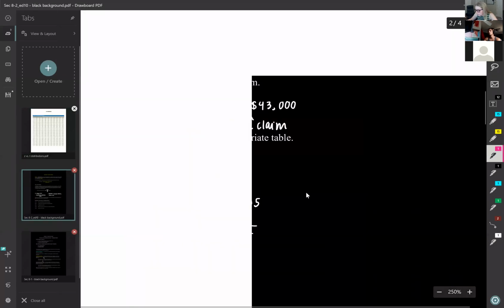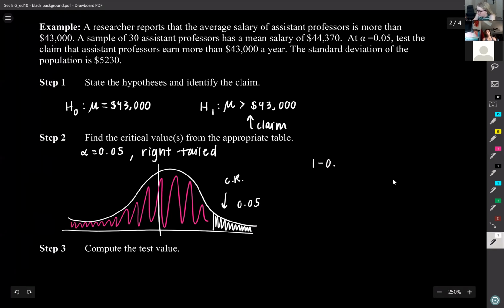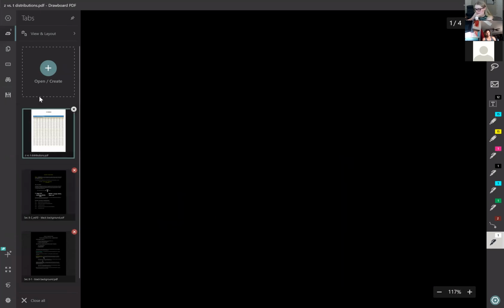So we want this area right here to be 0.05. So what we want to look for on the chart is we want to see what value is associated with having an area of 1 minus 0.05. And remember, that's because our chart will give us the area to the left of a value. So because we have an area to the right of a value, we have to do that thing where we subtract it from 1.